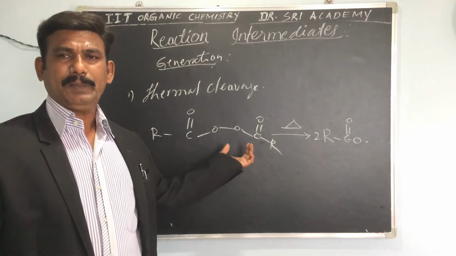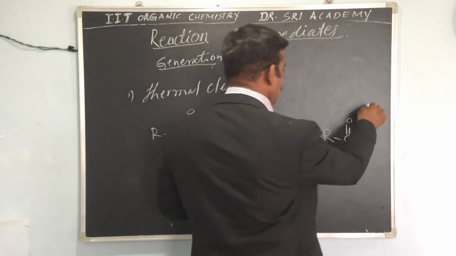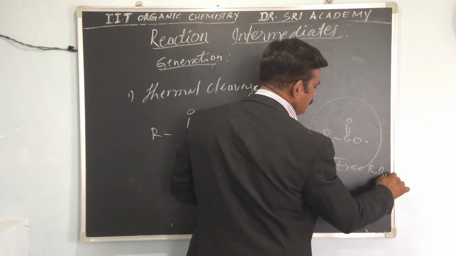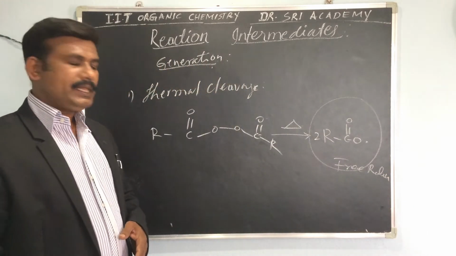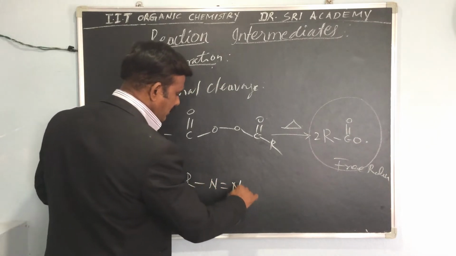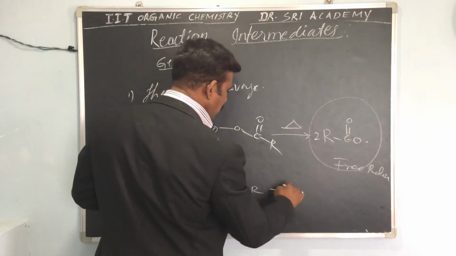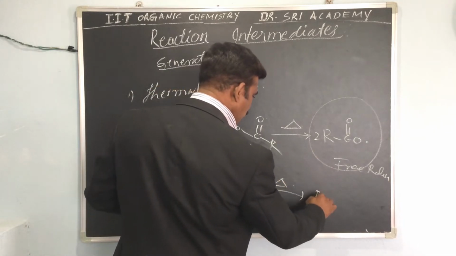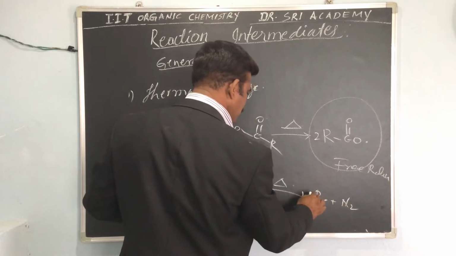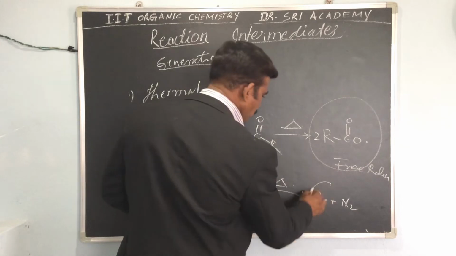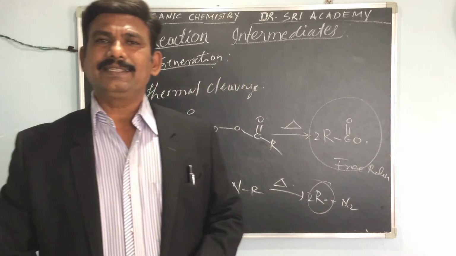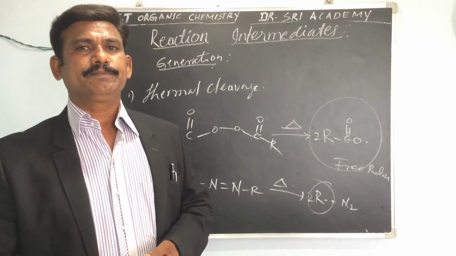In thermal cleavage, all peroxides form free radicals like this. In the case of nitrates, that is R-N double bond N, here also thermal cleavage gives free radicals. These two are examples for thermal cleavage.